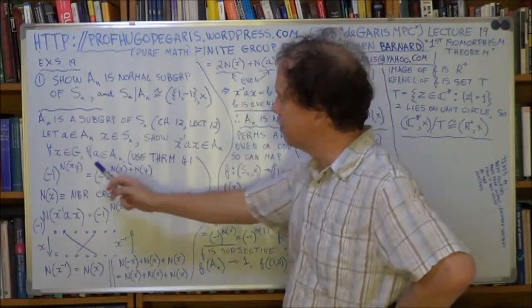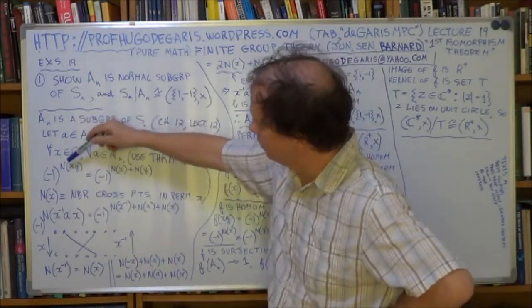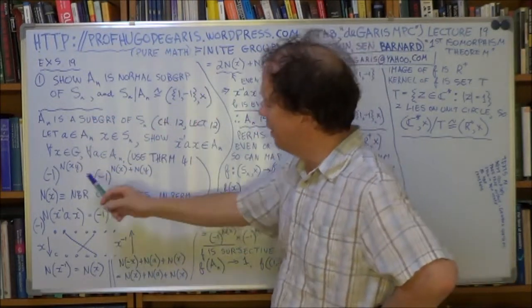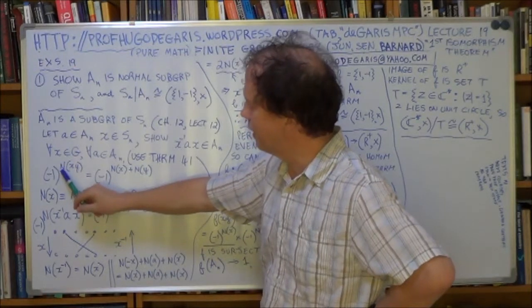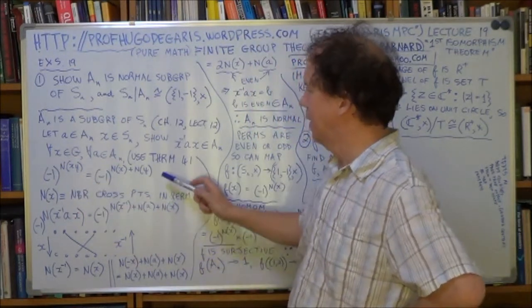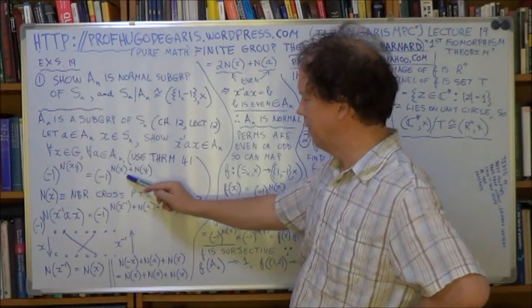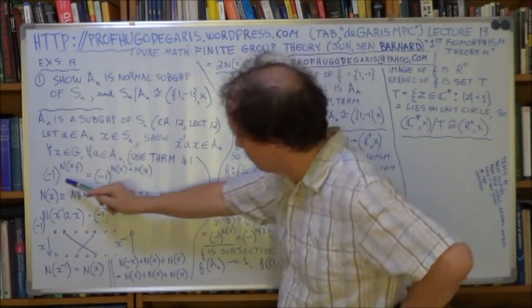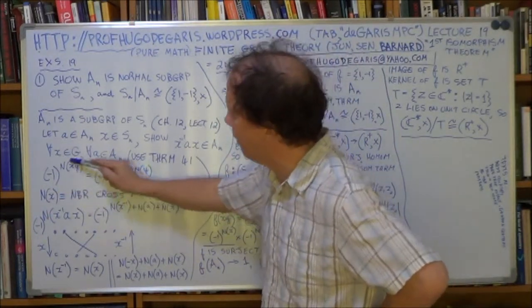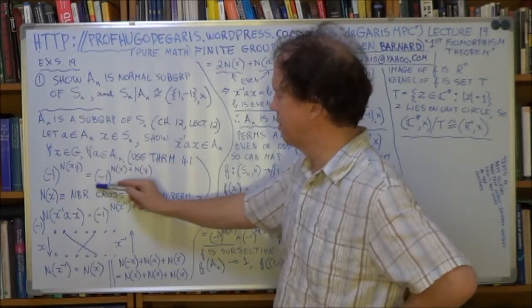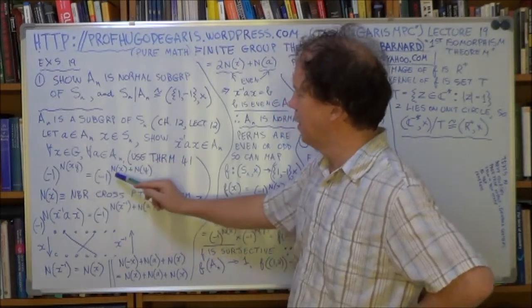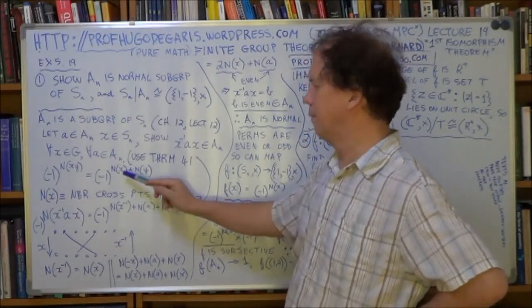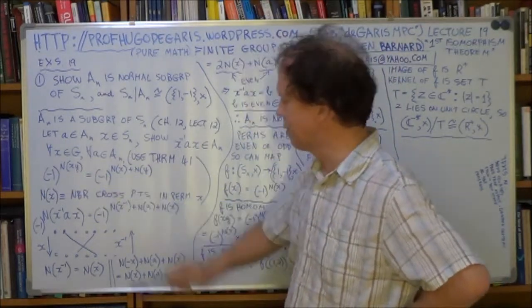Then the resulting permutation xy, whatever it is, the number of cross points it has, n of xy, will be this. Well, strictly speaking, minus 1 to the power of this is equal to this. So n of xy is nx plus ny as powers of minus 1.